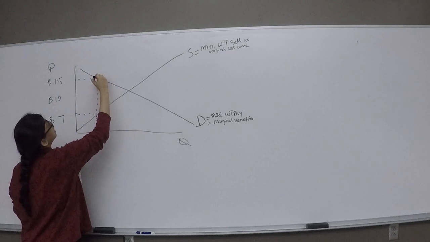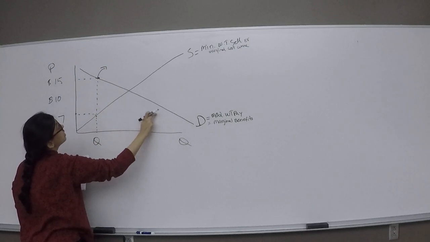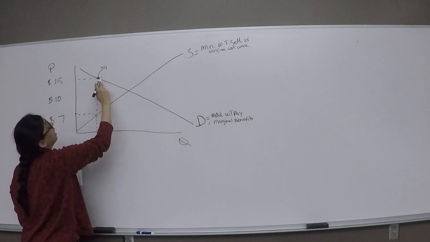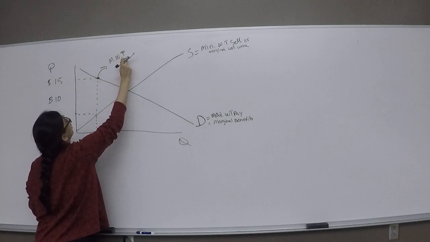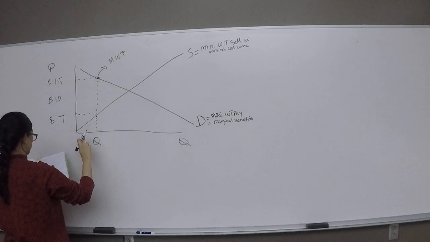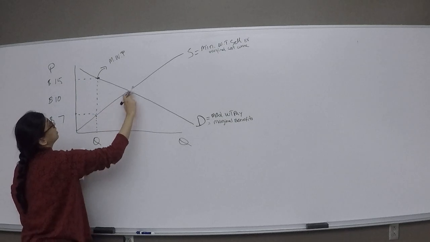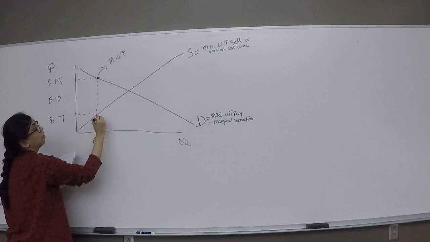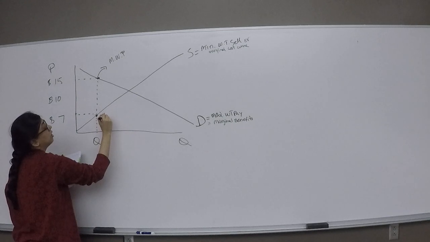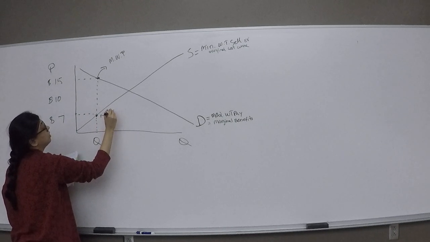So demand, this line is demand. The point on the demand curve is your maximum willingness to pay. Remember that. And this is the supply curve. So this point here is your minimum willingness to sell point.